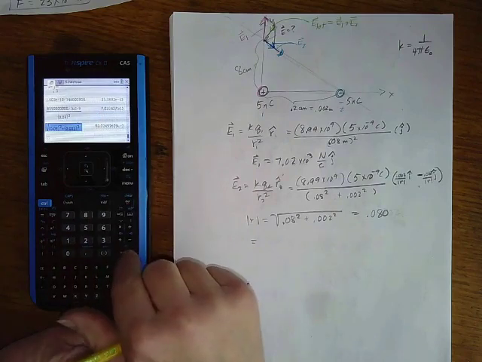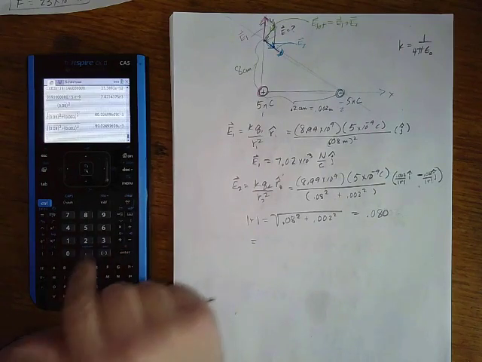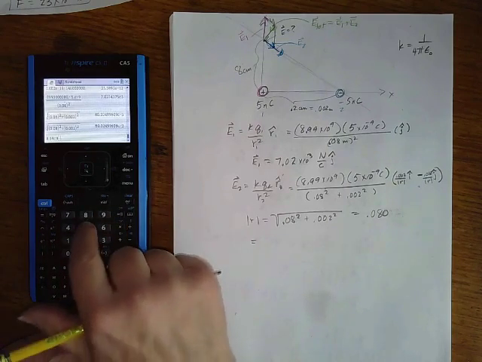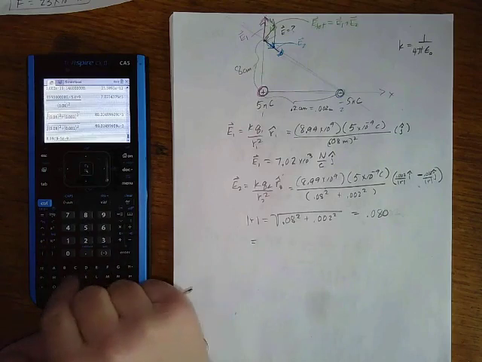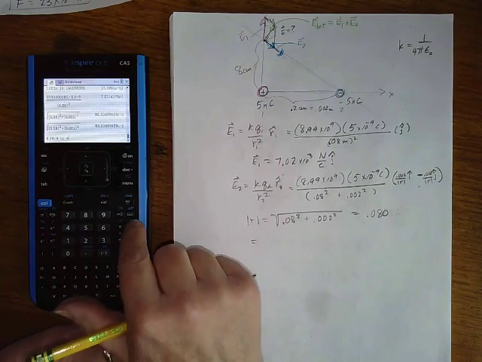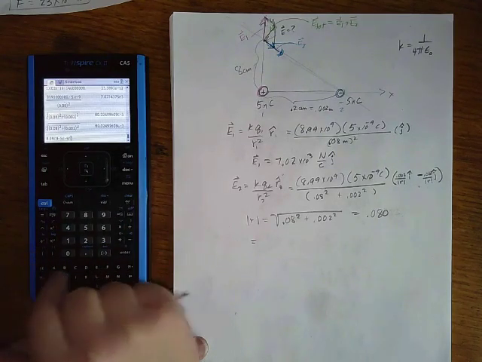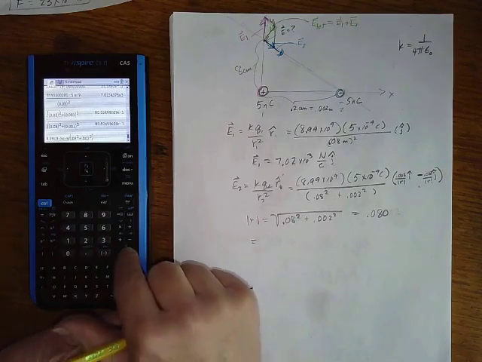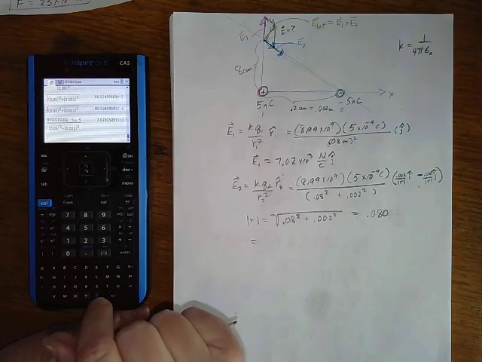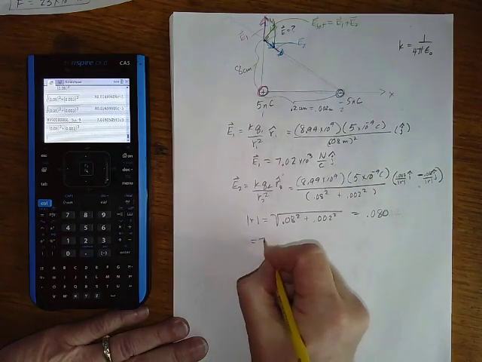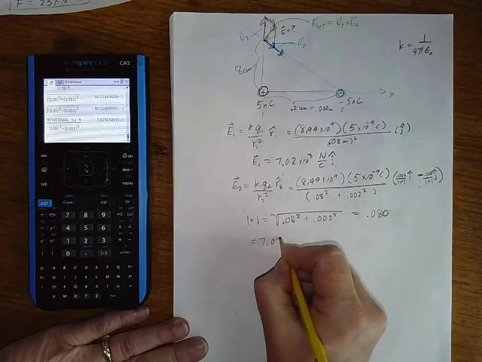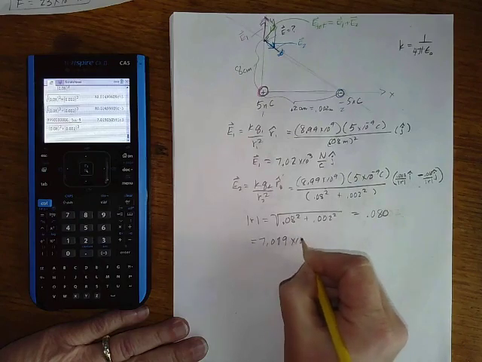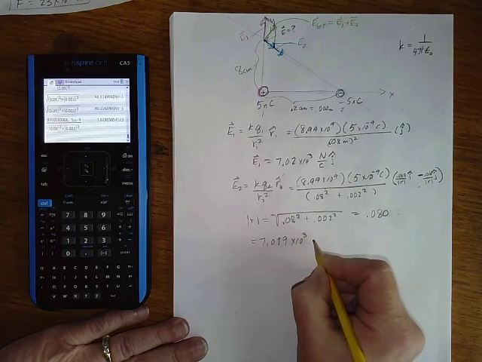Anyway, let's try that again. 8.99 exponent 9 times 5 exponent negative 9. I think I forgot my negative 9. Divided by, in parentheses, 0.08 squared plus 0.002 squared. That looks better. So we get 7.0. Let's keep an extra sig dig in the middle of the calculations, times 10 to the third.